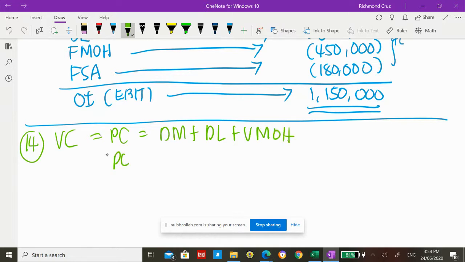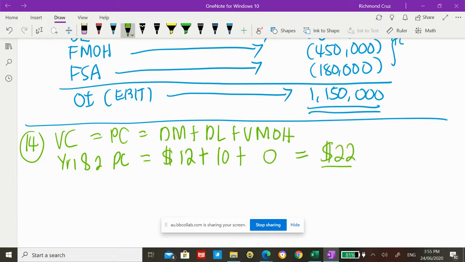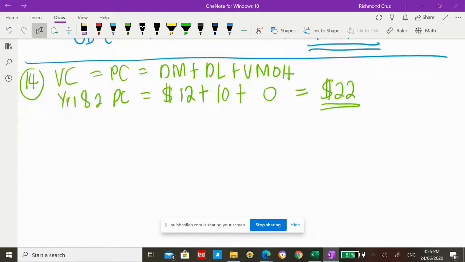Therefore, the product cost for year 1 and year 2 will include the $12 of direct material cost plus the $10 for direct labor. Take note, there is no variable manufacturing overhead. So the total product cost for year 1 and year 2 under the regular variable costing method is $22. That is for both year 1 and year 2.